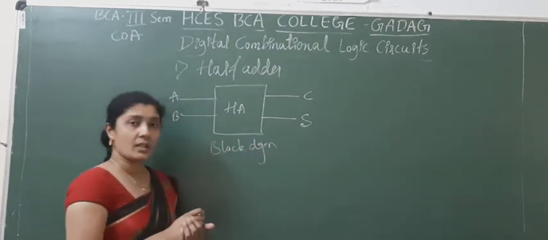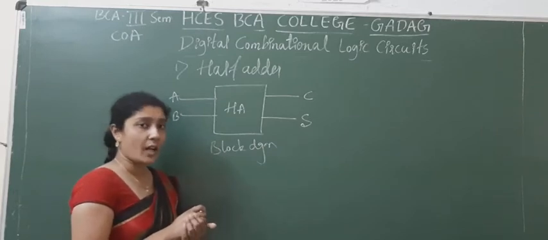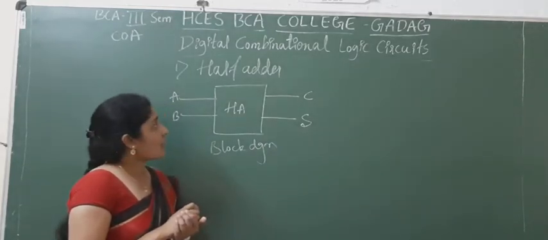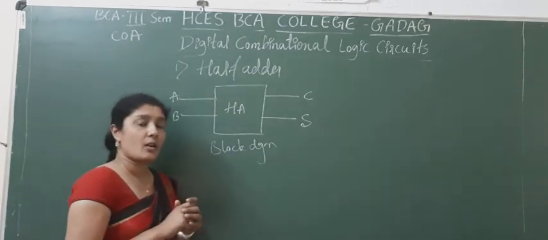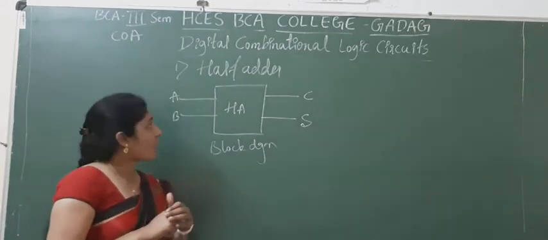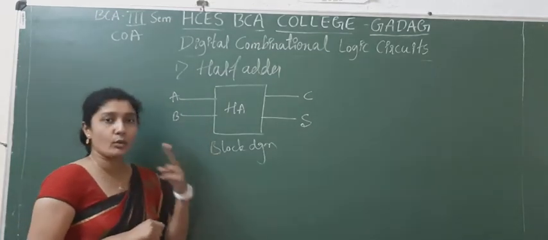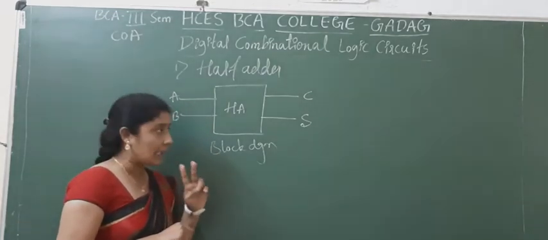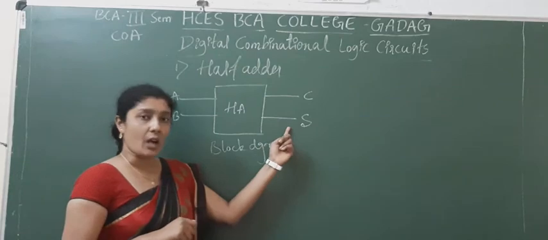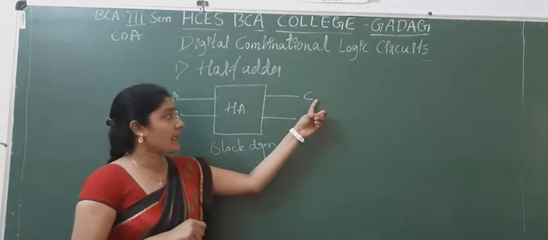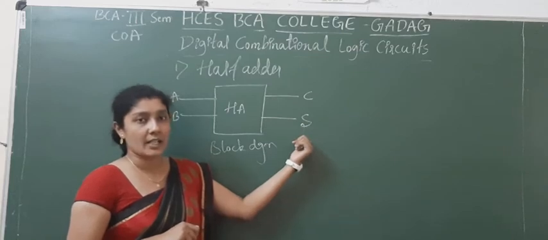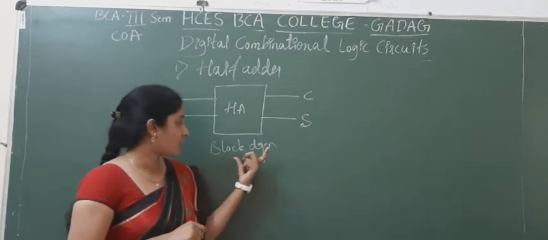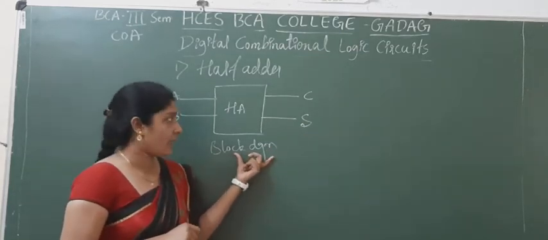So this is the block diagram of the half adder circuit. As the name indicates, this half adder is a digital combinational logic circuit which adds two binary inputs and gives two binary outputs, namely carry and sum. Here C stands for carry and S stands for sum. So this is about the block diagram.